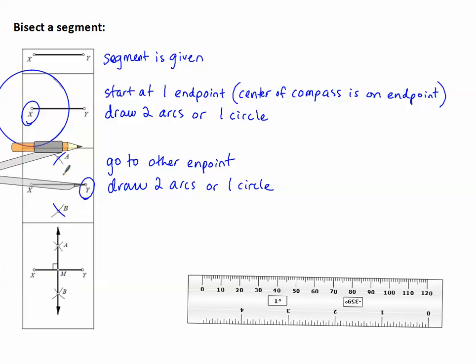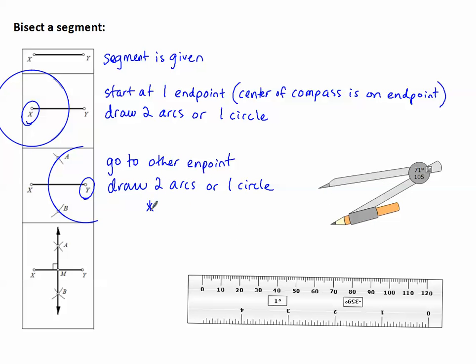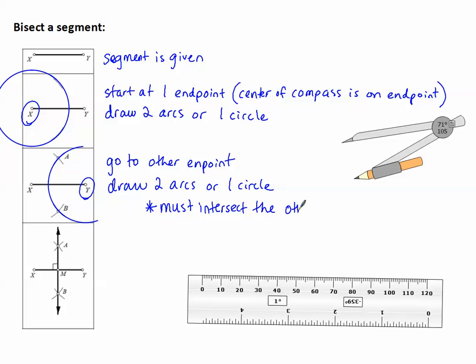Or if I really want to, I can draw the entire circle or just a larger arc, as long as it's intersecting the first arcs or circle I made in 2 points. That's the main thing. We have to remember that this next arc or arcs or circle that we make must intersect the other arcs or circle. If it doesn't intersect, we might need to start over.